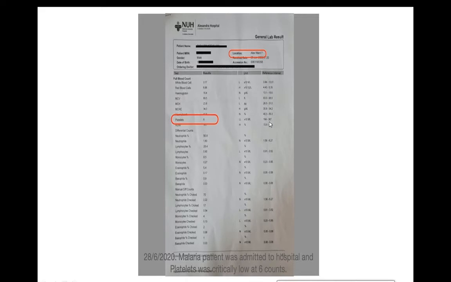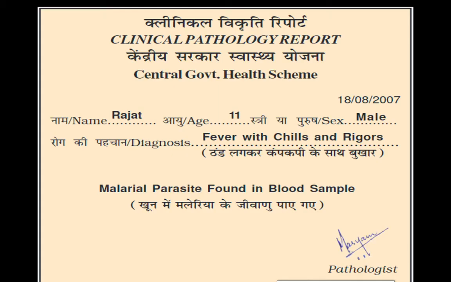So this is given, that is 164 to 347. This is the normal range of platelets in our blood, 164 to 347. But in this case the platelets are only 6. So you can see here the platelets were critically low at 6 counts, and that is a sharp indication of malaria. Understood? So this is a kind of blood report.